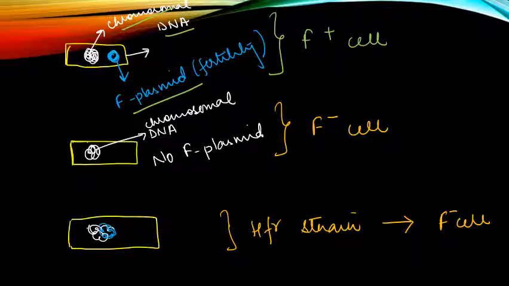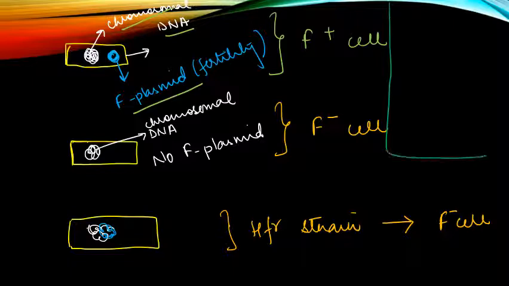Next class we will see the HFR strain in detail. So the process by which an F positive bacterial cell comes in direct contact with an F negative cell through the formation of sex pili, we call conjugation. So the function of the fertility plasmid is to form the sex pili.